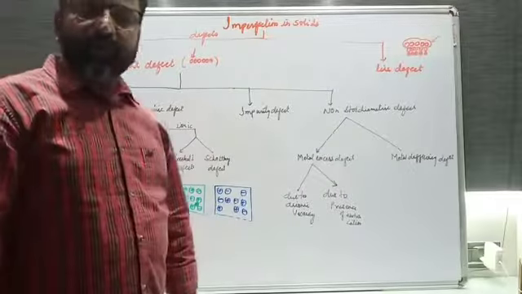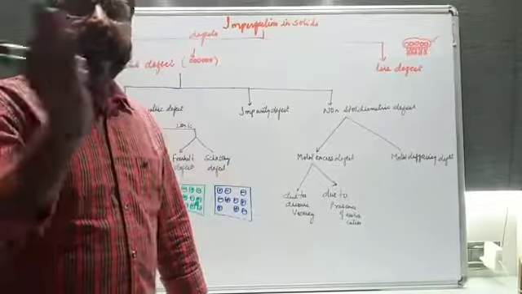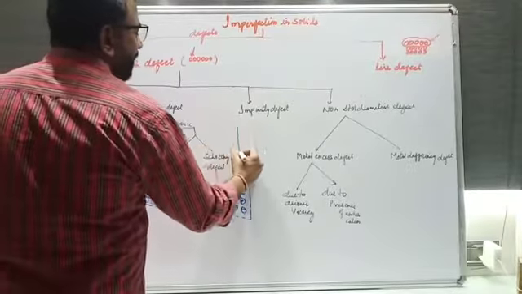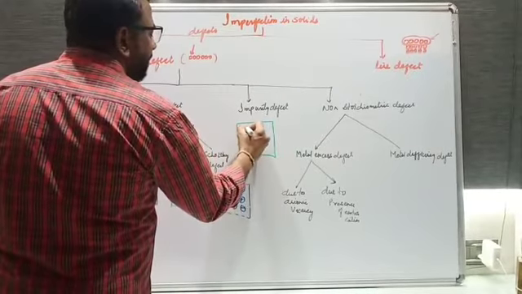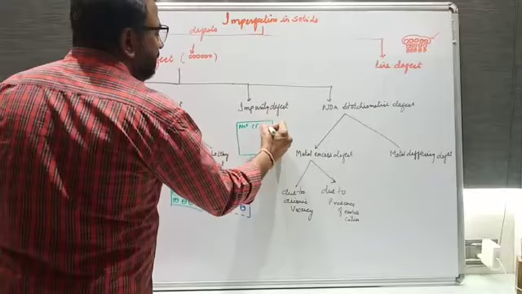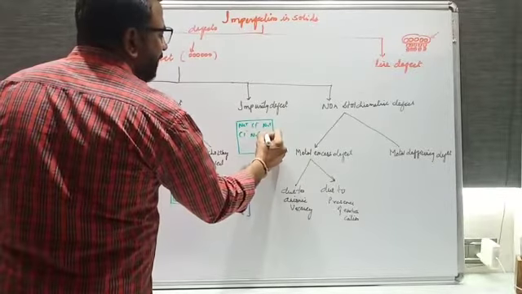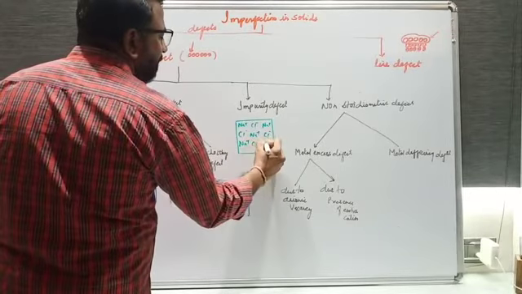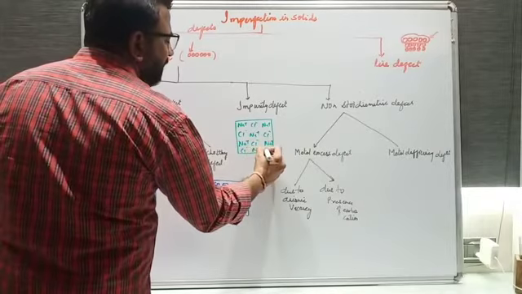Now coming to the impurity defect. In that case, metallic particles will be replaced by other metals. Is it fine, student? Let's see one example. Suppose it is Na+ and Cl-, alternating, Na+, Cl-, Na+, Cl-.